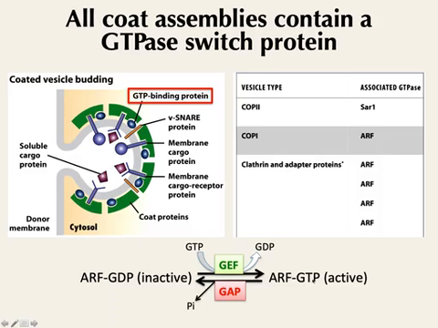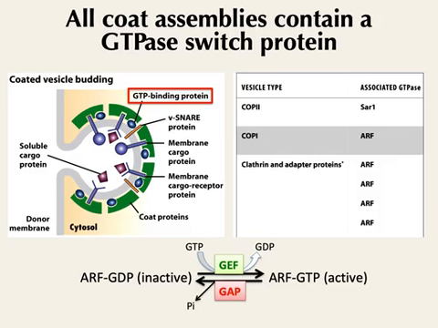So the point is, when they hydrolyze GTP, they become GDP bound. They don't spontaneously let go of GDP, and that's an inactive version. So this system, which we'll see is everywhere, acts like a switch. The protein is either GTP bound or GDP bound, active or inactive.